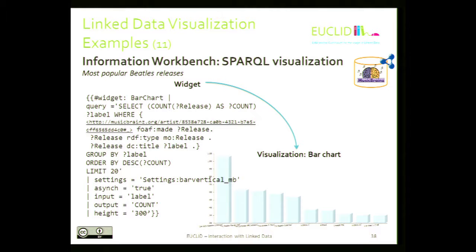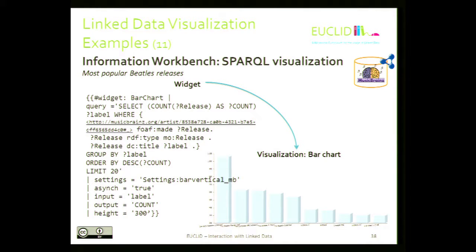And there is this so-called widget configuration, which you can write either by hand, or we also have UI support in the system to facilitate writing such a kind of expression. But what you basically can see is at the very top we specify the bar chart. Then here in this part we basically have the SPARQL query.